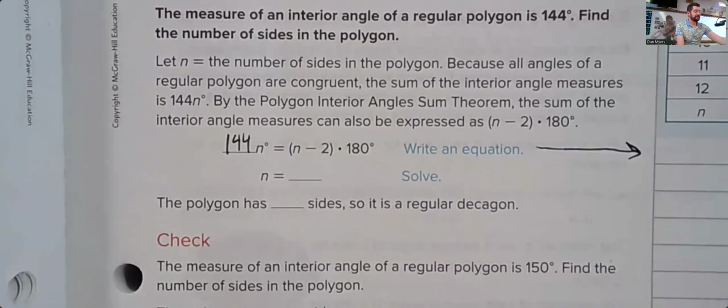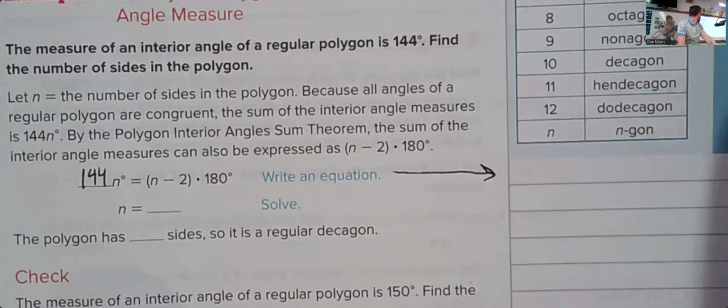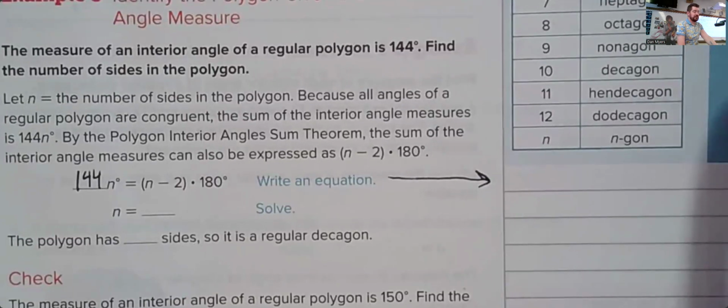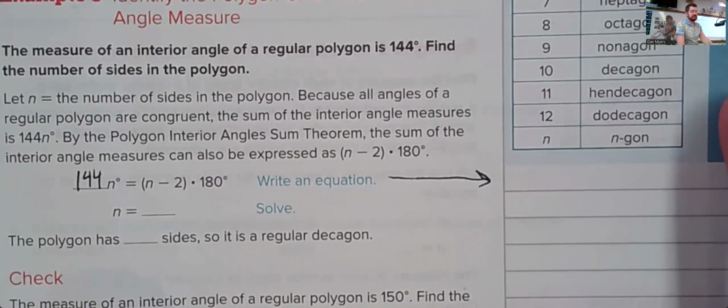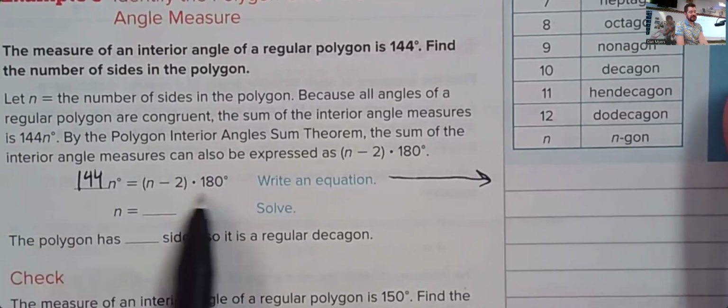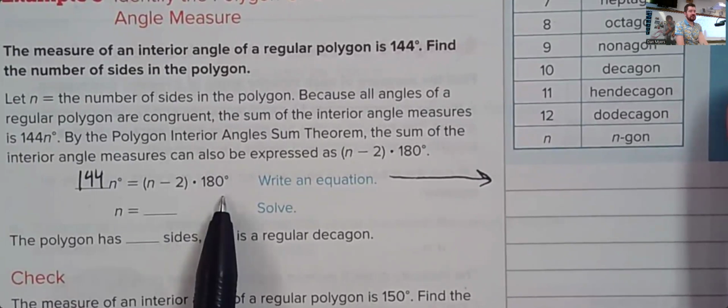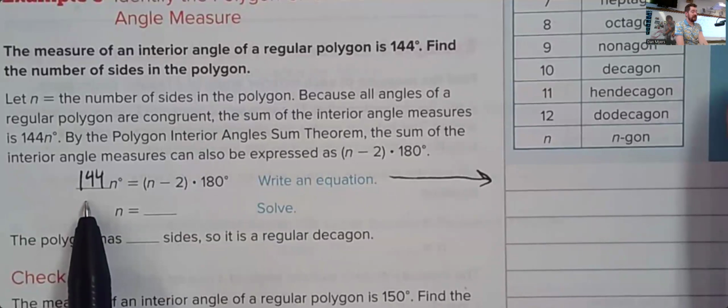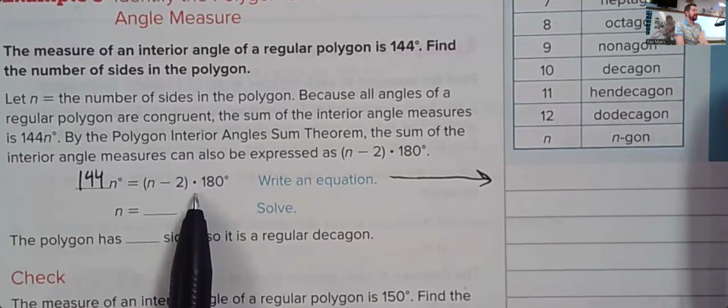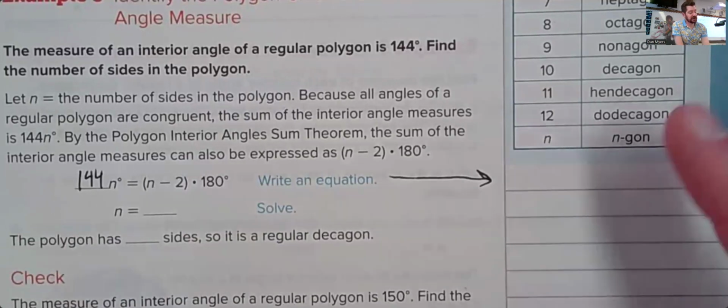Let's head over here. If you were solving this particular problem, what would you do first? What would be your first step in solving this? What's that? Get rid of the parentheses by doing what? Yeah, distribute.